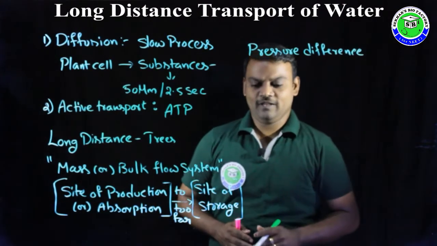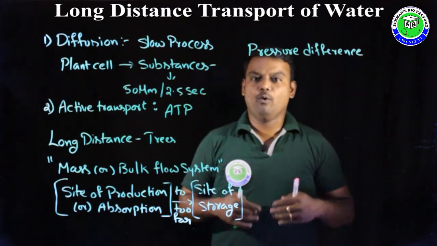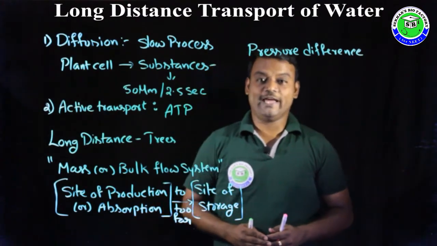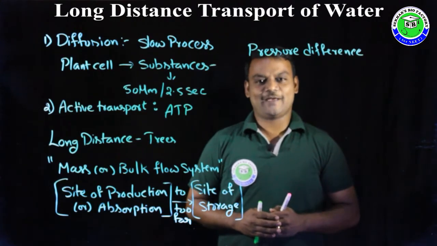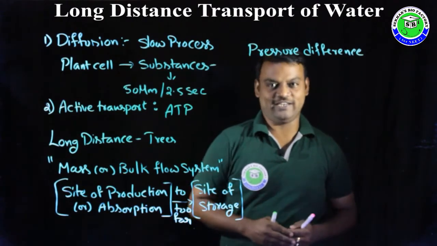So why? Because at a site of production or absorption, if it has more pressure, at the same time at a site of storage, if it has less pressure, based on this pressure difference, the substances or molecules can be transported for long distance.